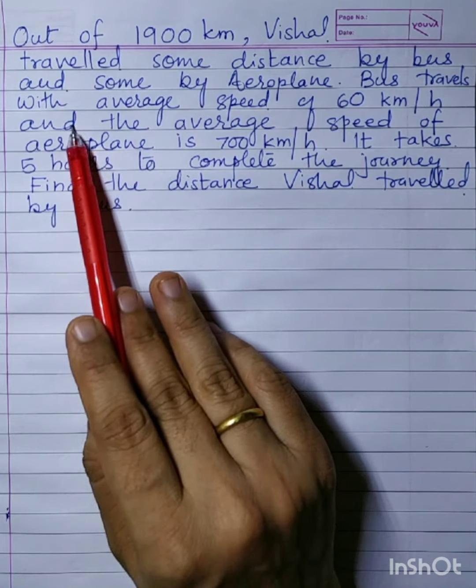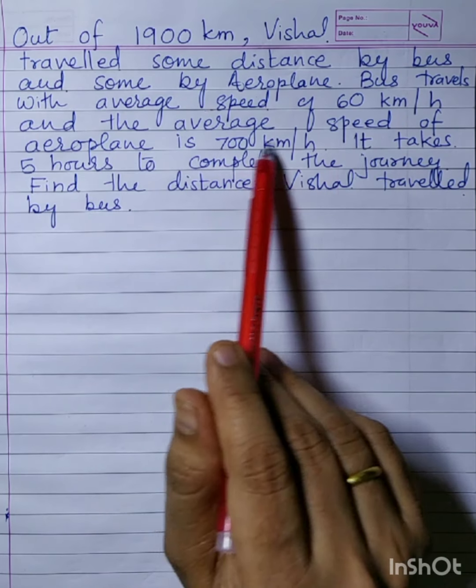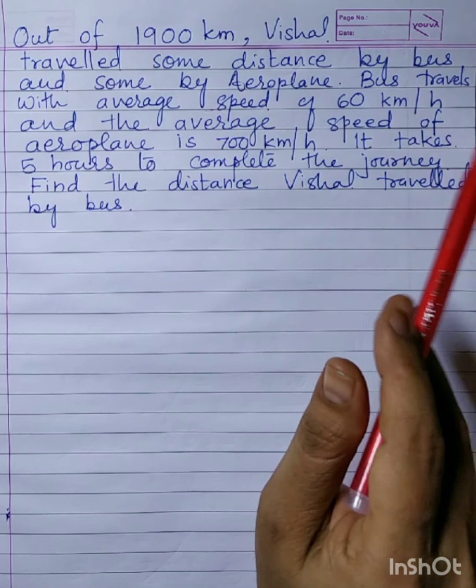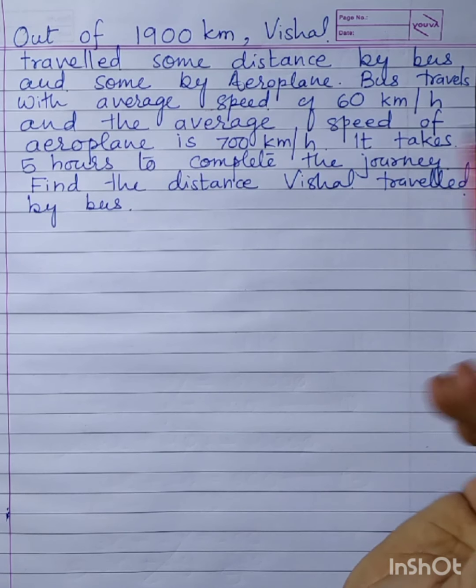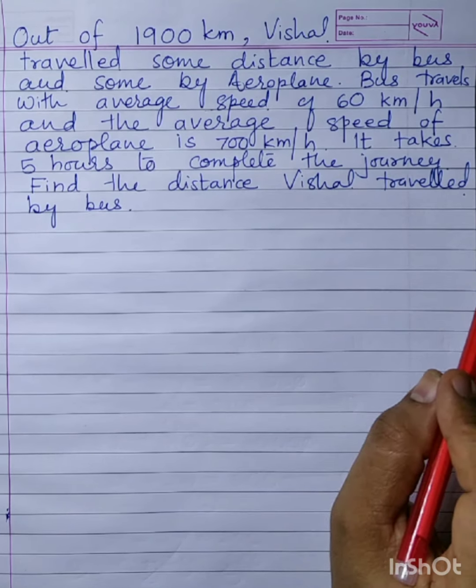Bus travels with average speed of 60 km per hour and average speed of aeroplane is 700 km per hour. Second statement also is clear. This respectively the speed of bus and aeroplane is 60 and 700 km per hour.